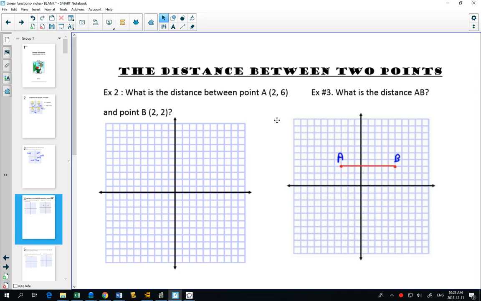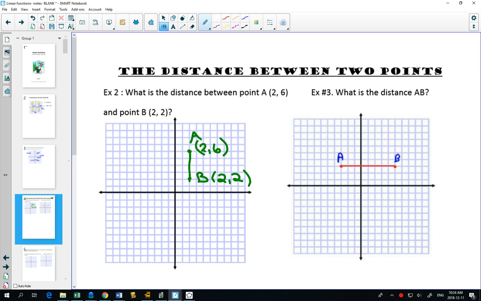So the next thing we look at is the distance between points. If I label the point at 2, 2 as point B, and point A is at 2, 6, how far away are those points?